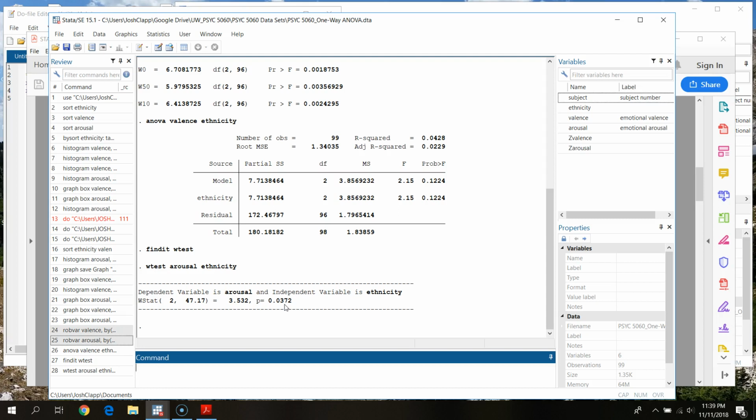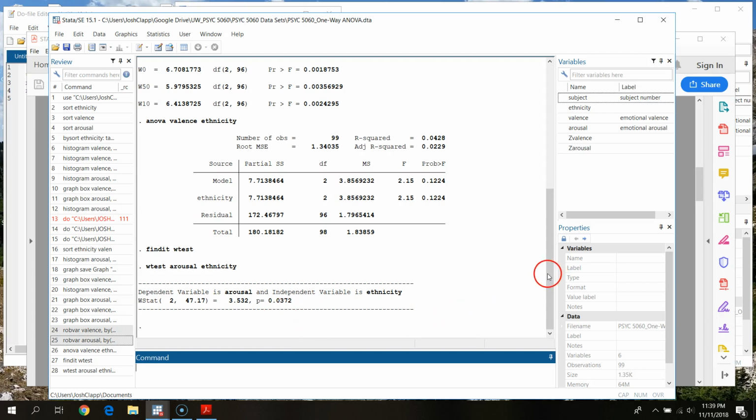So basically, for valence, we would fail to reject the null hypothesis and conclude that we don't have sufficient evidence for reliable differences in ratings of emotional valence to this film across the population of individuals of white non-Hispanic, black non-Hispanic, and our other group. But in terms of differences in mean level of emotional arousal, it looks like we do have sufficient evidence to reject the null hypothesis and claim support for systematic differences across those groups.